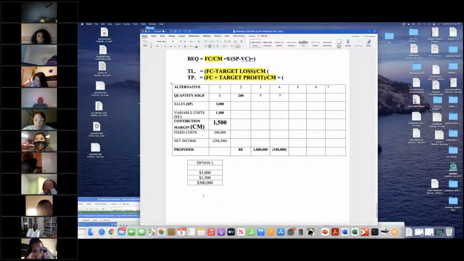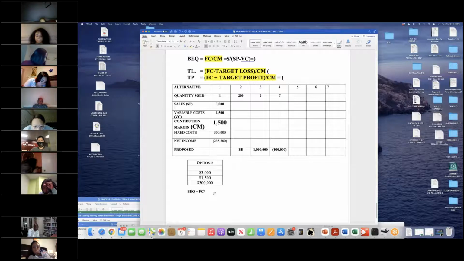On that break-even formula, break-even quantity simply equals the fixed cost divided by the CM.